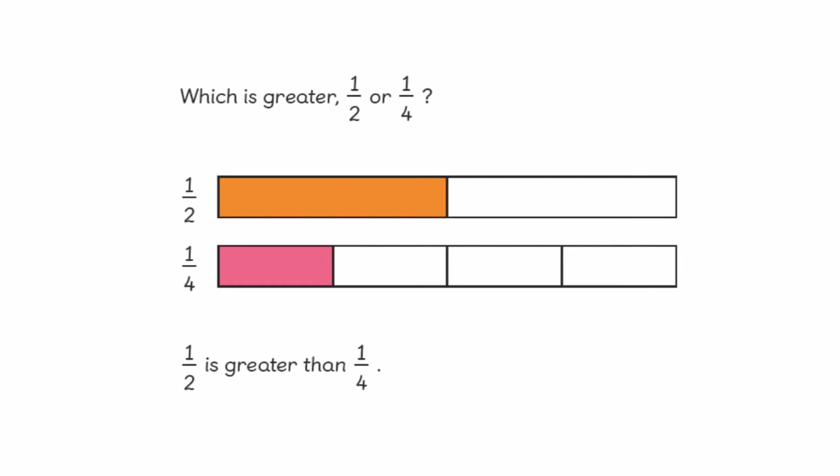Can you say that with me? 1/2 is greater than 1/4. If we wanted to write this using our symbols, this is the symbol that we would use. And again, we read this by saying 1/2 is greater than 1/4.